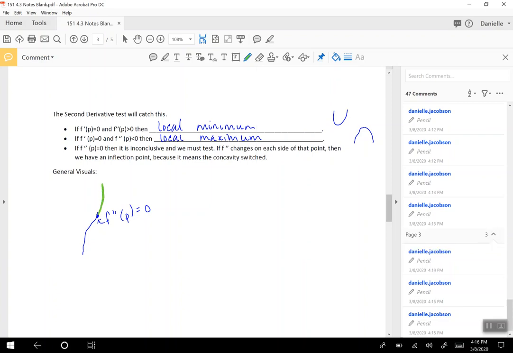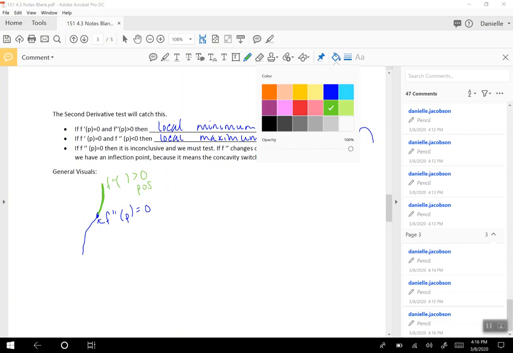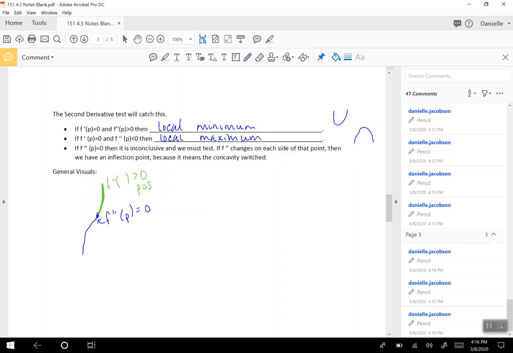Right, this is concave up, so you know that f double prime of whatever point you take up here is going to be positive. Right, down here, this piece, okay, it's concave down, so f double prime would be negative.